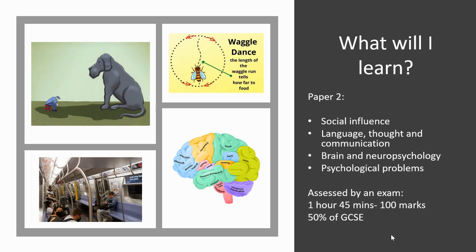So in paper 2, we have our other 4 topics. So one of our topics is called social influence. If you look at the bottom left, you will see a picture of a train.